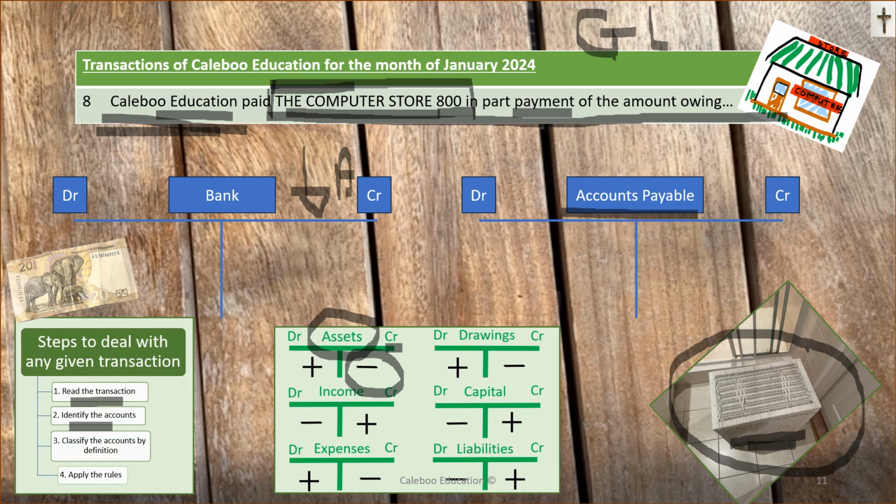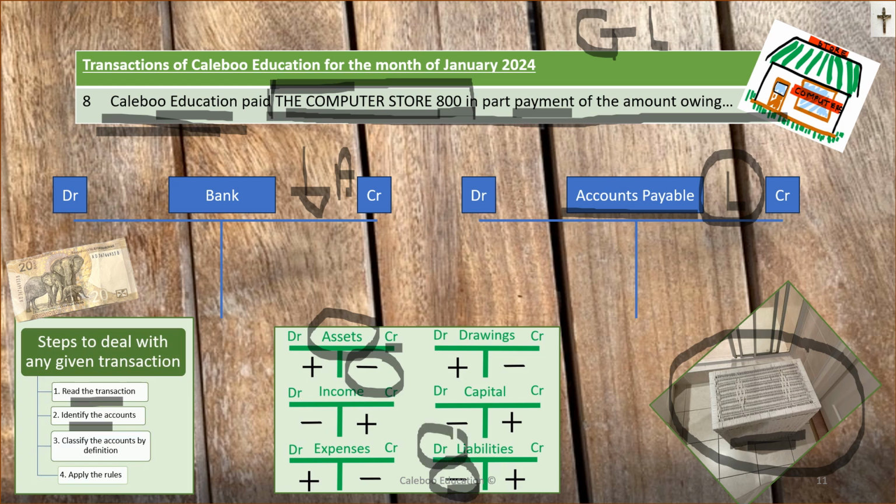So the name of the account is accounts payable or creditors control, but it doesn't matter what you call it, as long as you classify accounts payable as a liability. Now what has happened is, when we make a payment to a creditor, a supplier with whom we have an account, the amount of money that we owe them decreases.